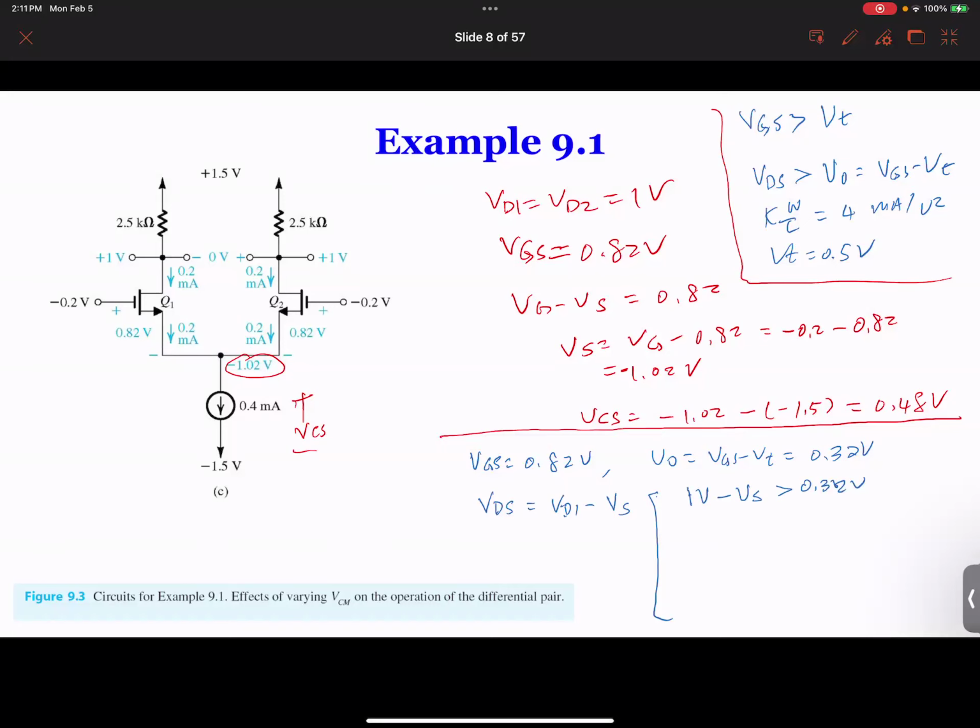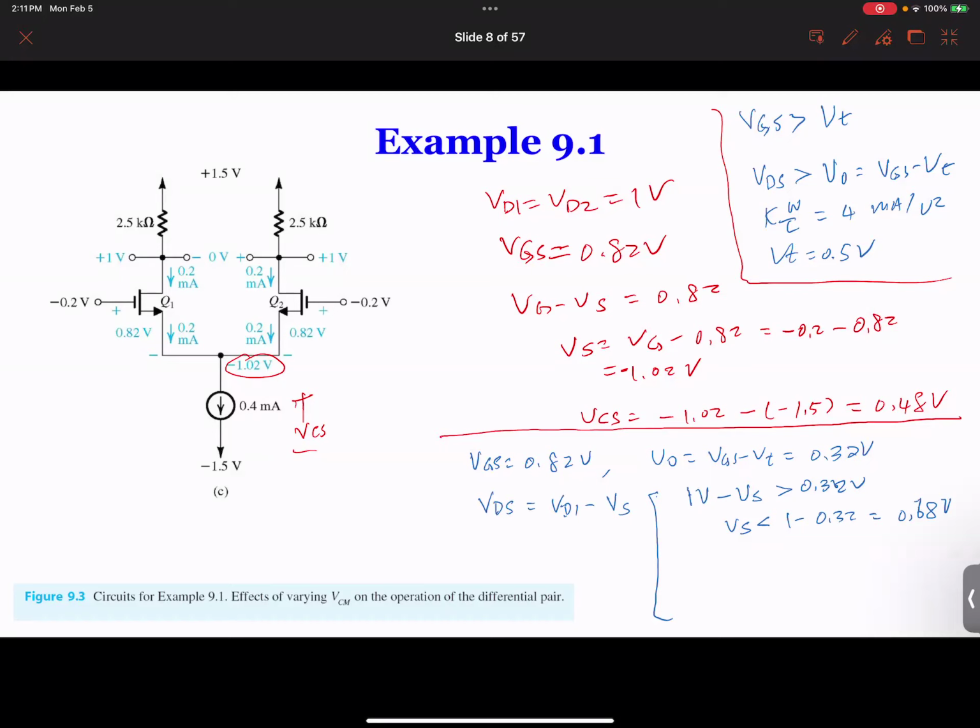So we can further find out that VS has to be less than 1 minus 0.32, which is 0.68 volts. So VS has to be less than 0.68 volts to be able to conduct in the saturation region for both of the MOSFETs.